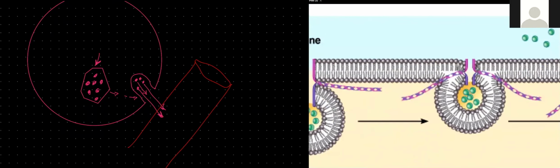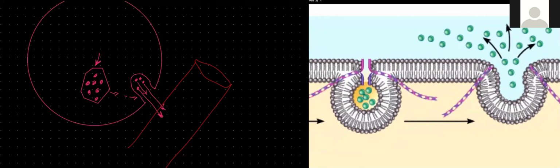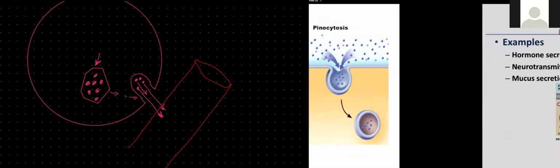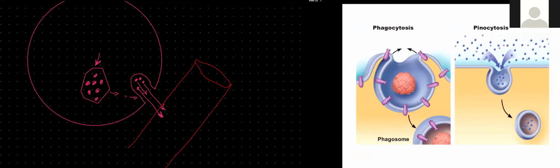And you see on here, fusing with the cell membrane will allow the vesicular contents to be released to the outside of the cell membrane. The same exact concept here.